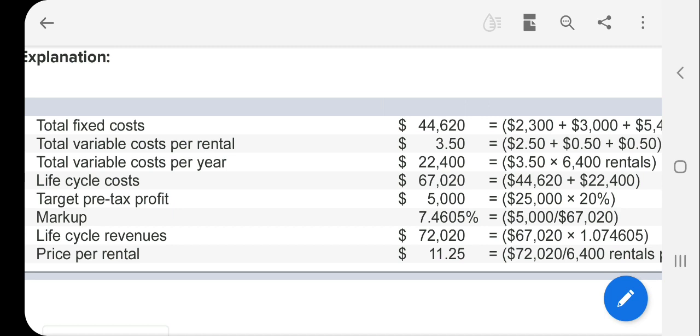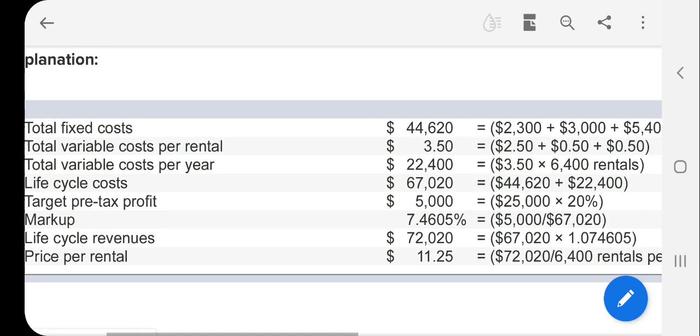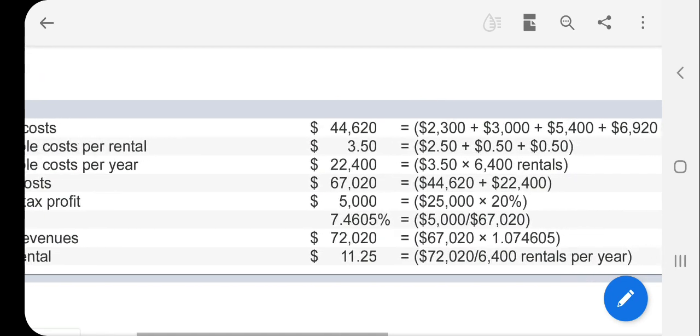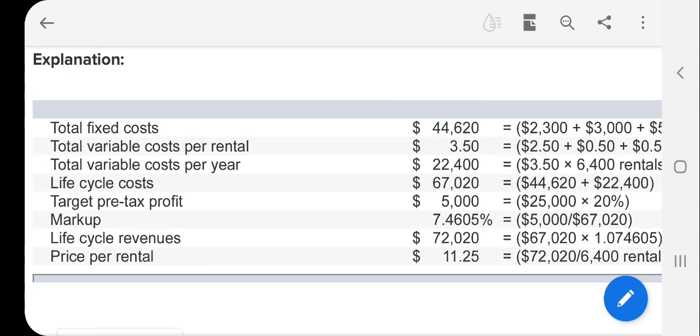So how much is the price per rental? The price per rental is $70,020 divided by the 6,400 rentals per year. So the price per rental that the business should charge is $11.25.